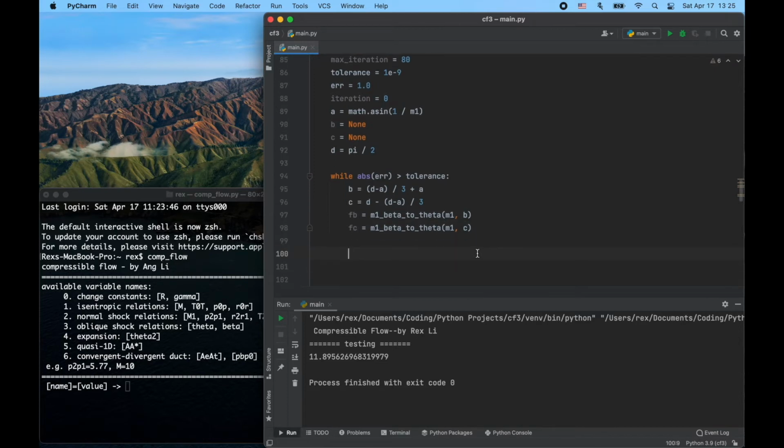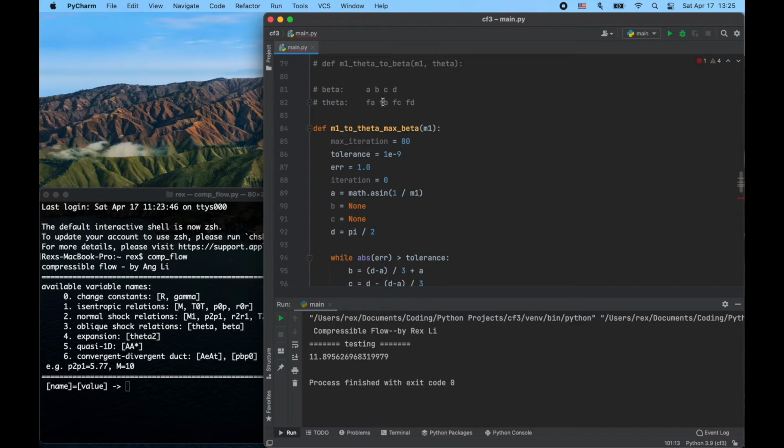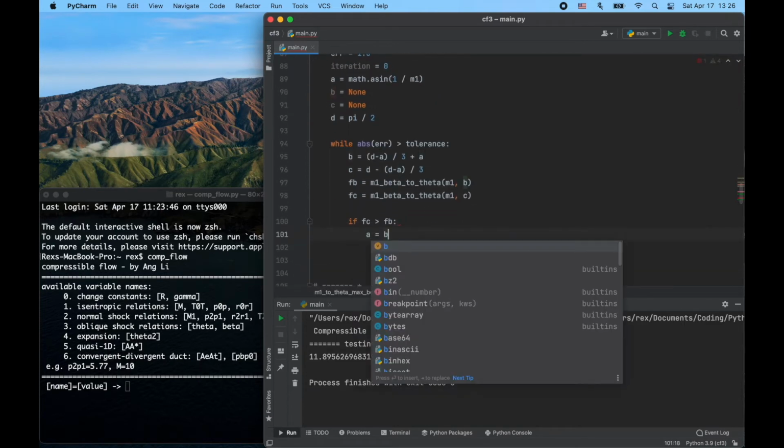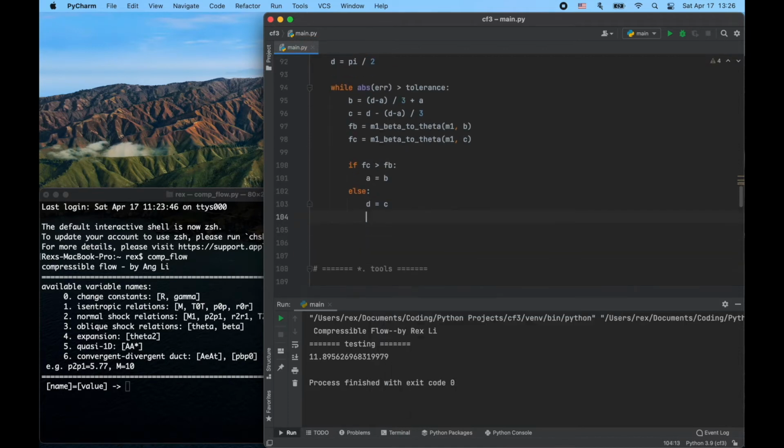As I just explained, if FC is larger than FB, that means theta max is between B and D. So replace A by B. Else, replace D by C. And again, we have to make sure that the program will not just get stuck here.